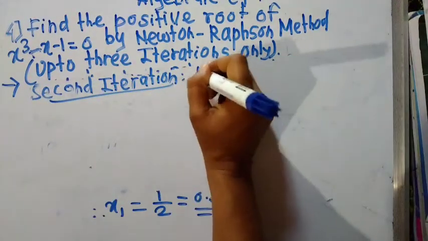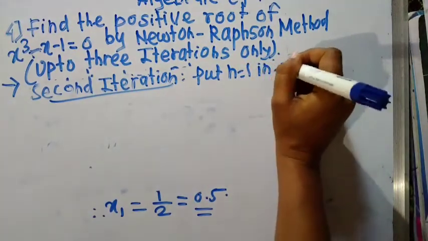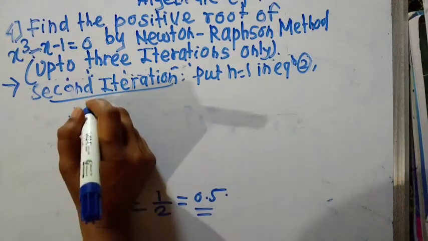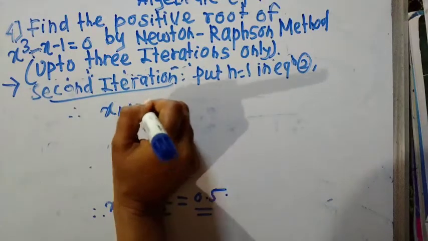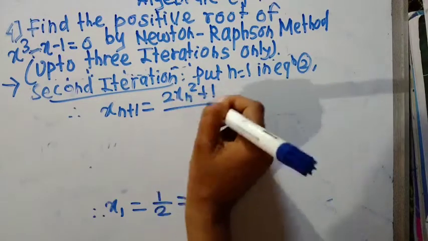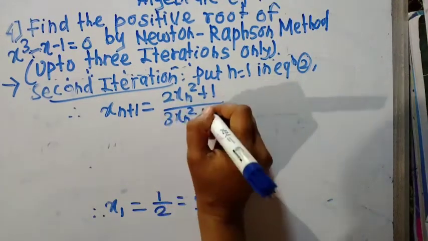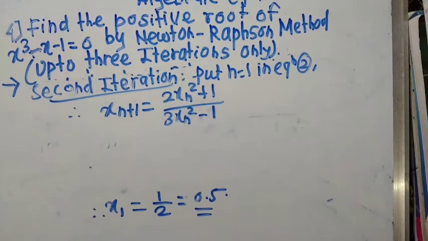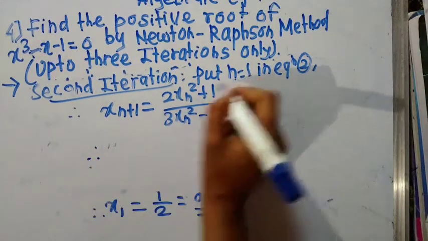So put n is equal to 1 in equation second. So write down the value: xn plus 1 is equal to 2xn cube plus 1 divided by 3xn square minus 1. So put n is equal to 1.